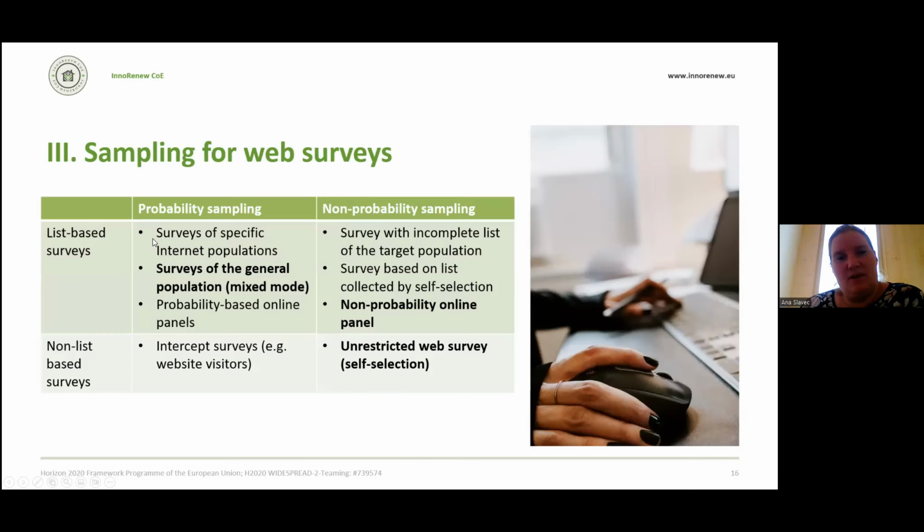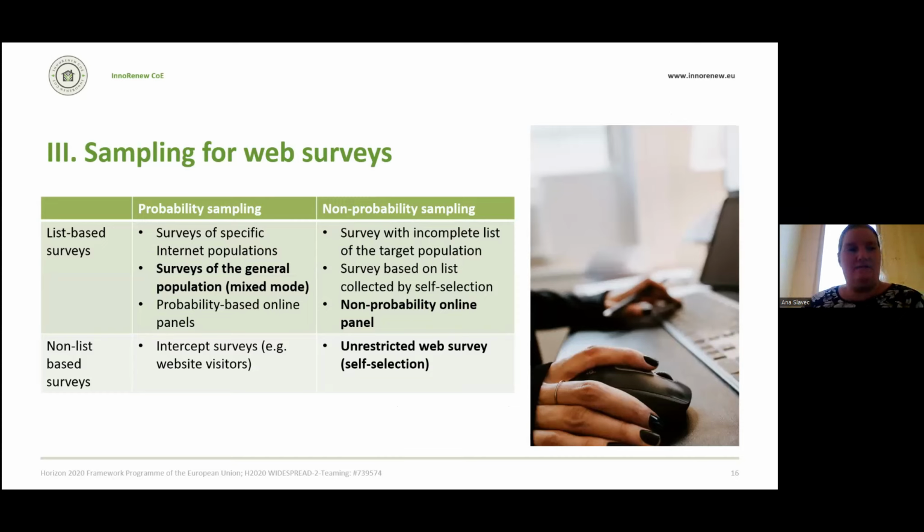What I want to talk about today is how to do that for web surveys, because in most cases, as you know, researchers who want to do a survey nowadays have very limited funds, so we want to do a web survey. Sometimes we have funding, sometimes we don't.